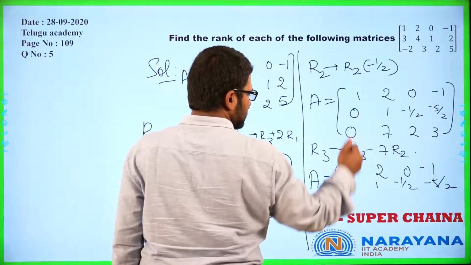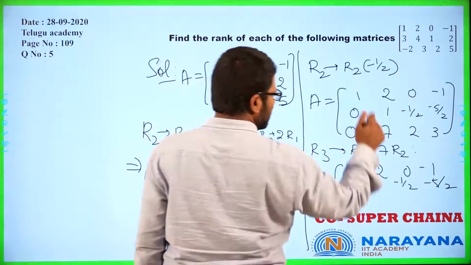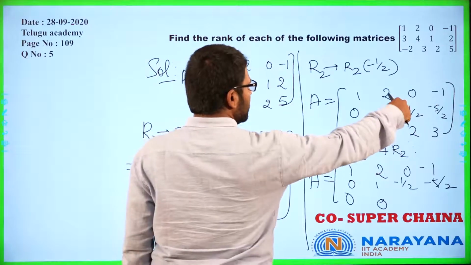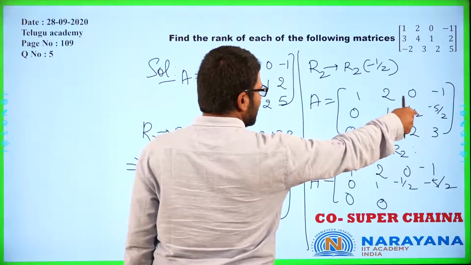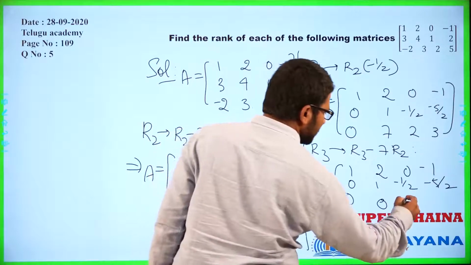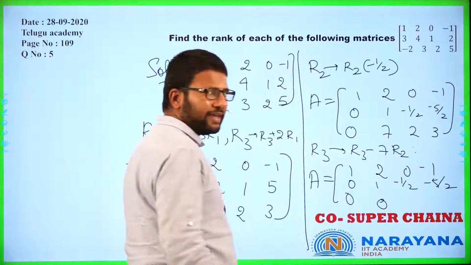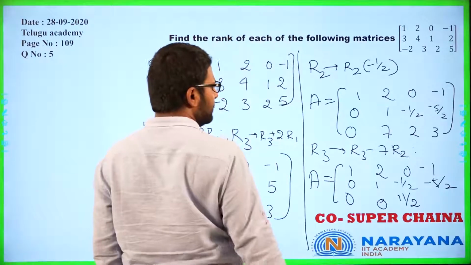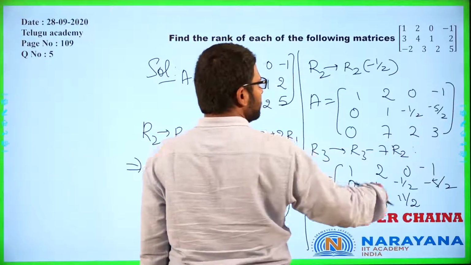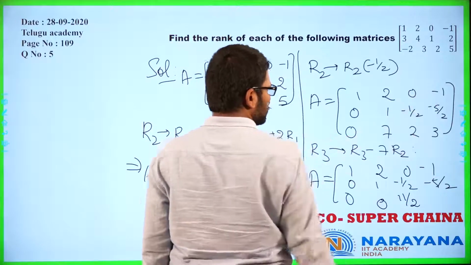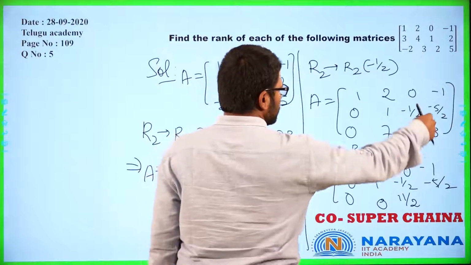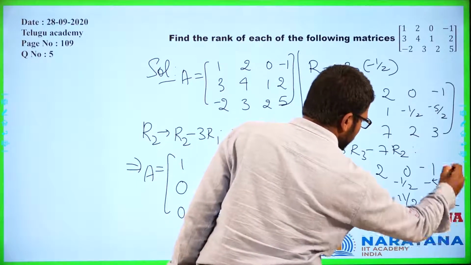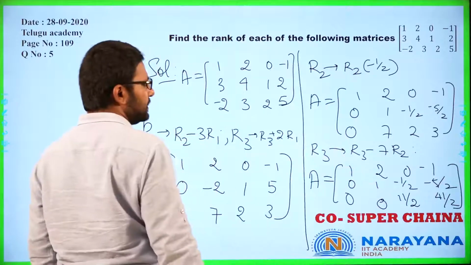And then you see 0 is going to be 0 only, 7 minus 7 will be 0. Now 2 plus 7 by 2, right? So 2 plus 3.5 will give you 5.5, which is 11 by 2, and 3 plus 35 by 2, you cross multiply, 6 plus 35, 41 by 2, right?